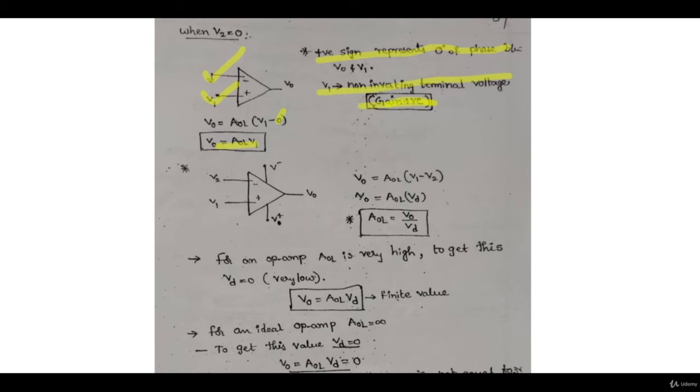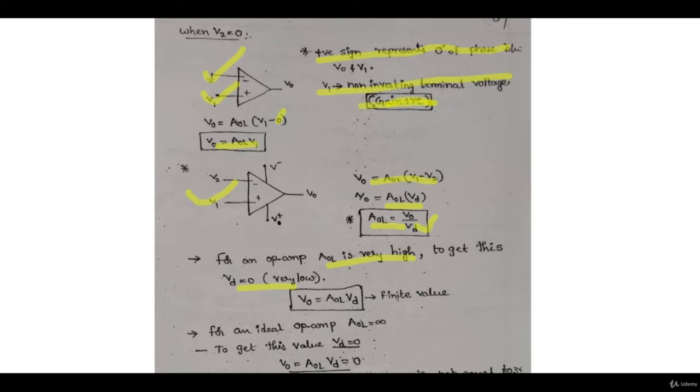So this is how you represent V0 equal to AOL (V1 minus V2), or AOL VD, or AOL equal to V0 by VD, for this op-amp. Now AOL should be very high, and to get that VD should be very low. Practically AOL is very high and VD should be very low, since it is in the denominator.